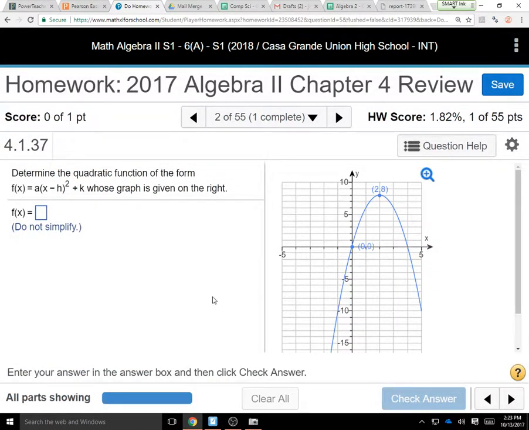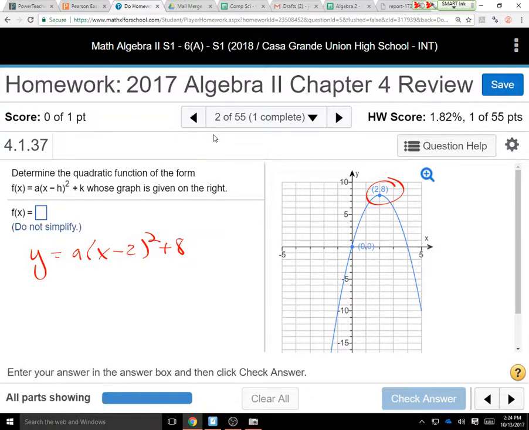Okay, so they gave us the vertex, 2, 8. That means that y equals a times x minus 2 squared plus 8. Where did the 2 and the 8 come from?